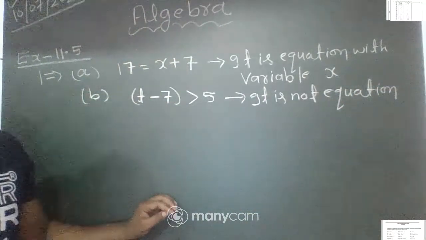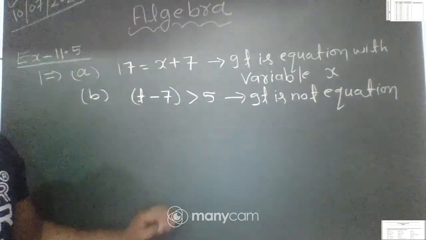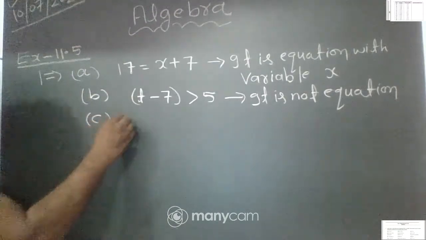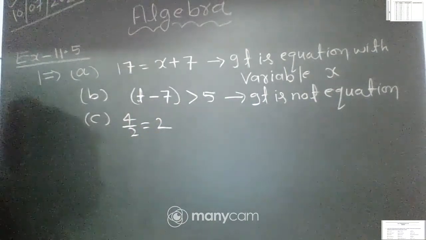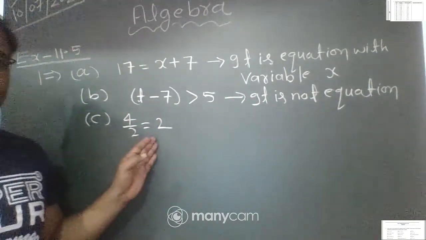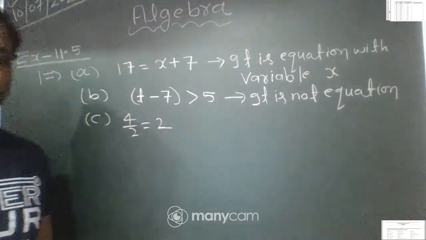Okay, now let's see C part. 4 by 2 is equal to 2. Okay, you can see the left hand side is equal to the right hand side. So it is an equation without variables.